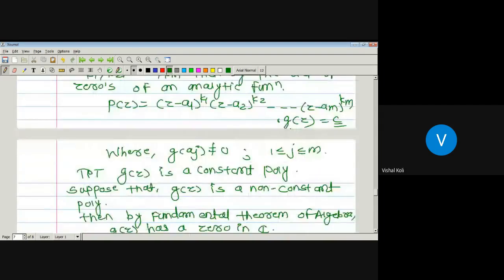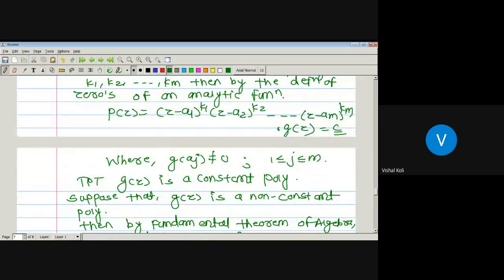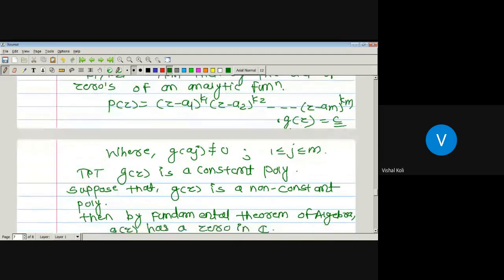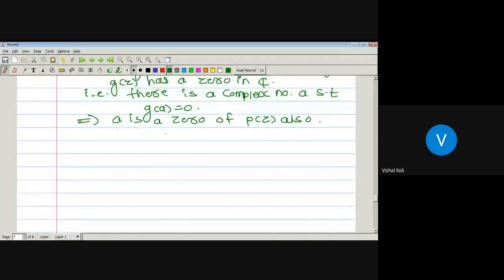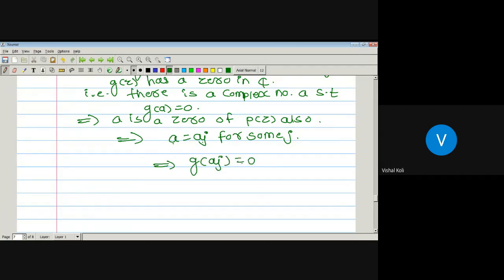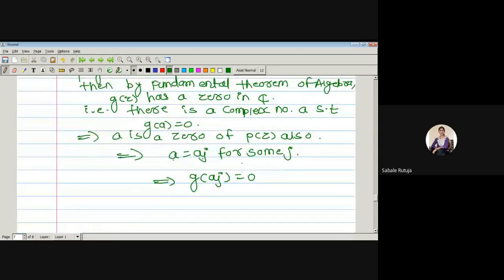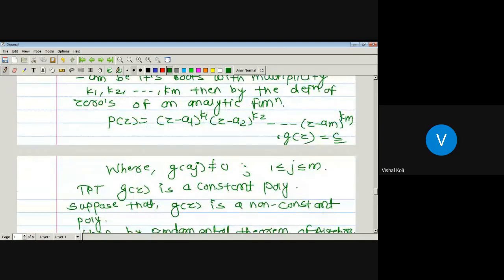But we have a1 up to am are the only roots of our p of z. Then this a must be equal to one of the aj, which implies a equals aj for some j. But g of a is equal to 0, which implies g of aj is equal to 0. Is this possible? No, sir. As by definition of zeros of an analytic function, g of aj is non-zero for each value of j between 1 to m.